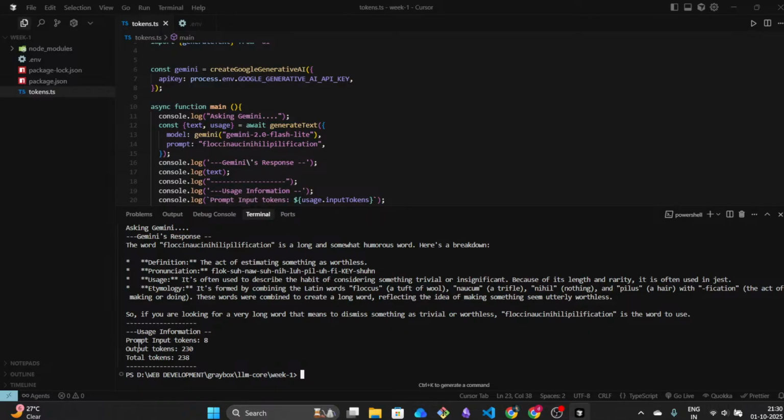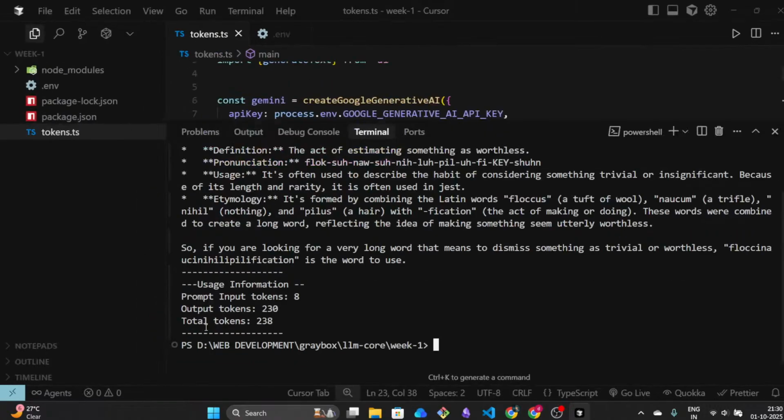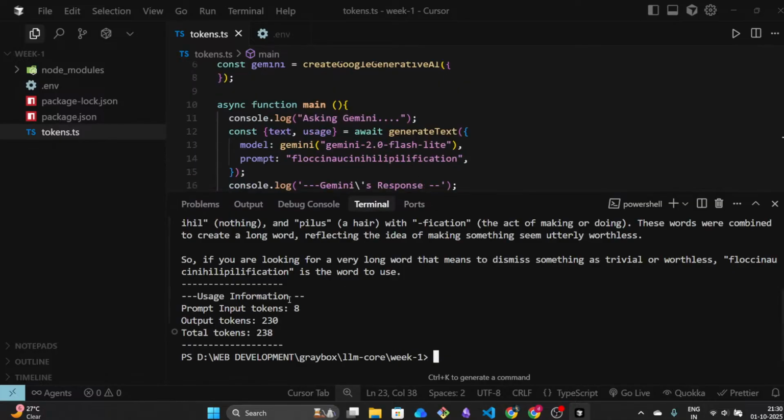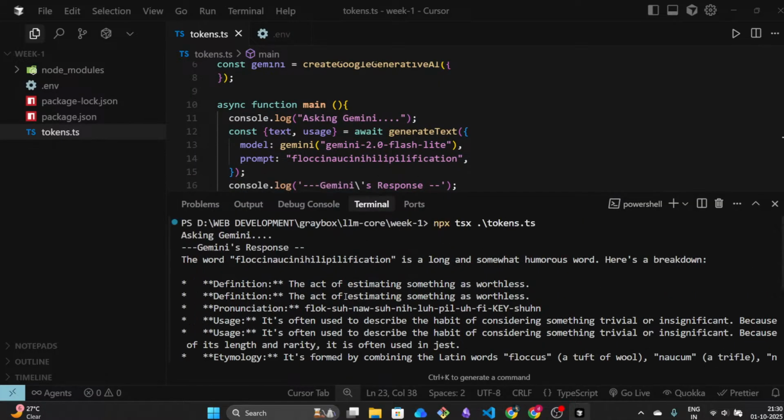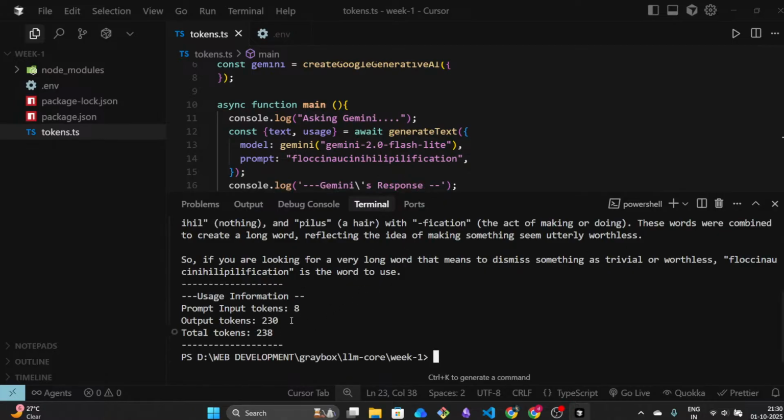Now the prompt input tokens is this, the output tokens is this whole lot, and the total tokens is this. But when we use Claude or GPT, the way they count this input will differ, and you'll get what I'm saying in a bit when I explain how the token system works. For now, you've got to understand that each AI model has a different way of calculating tokens.